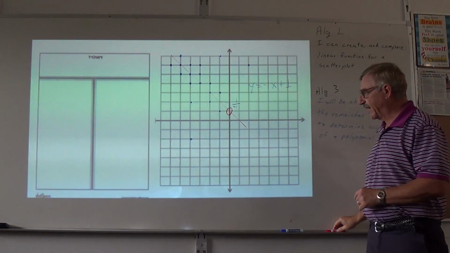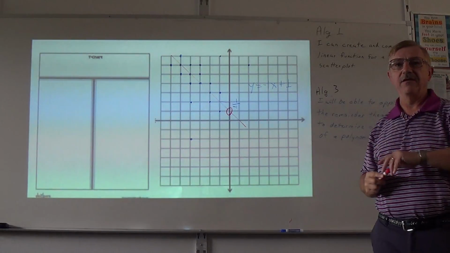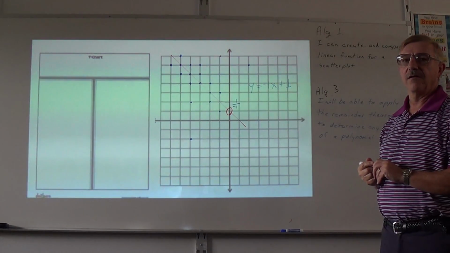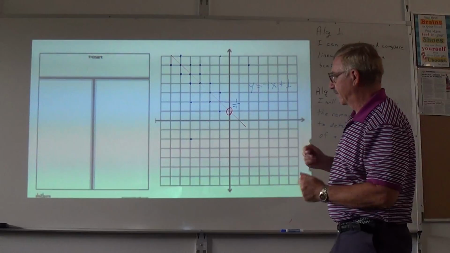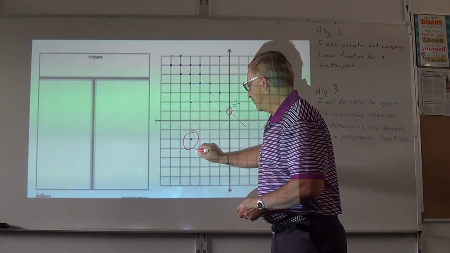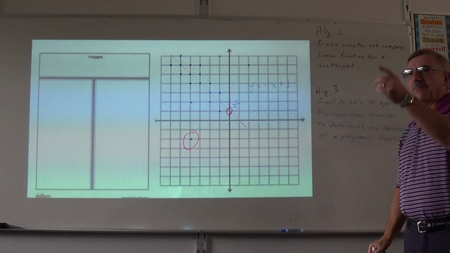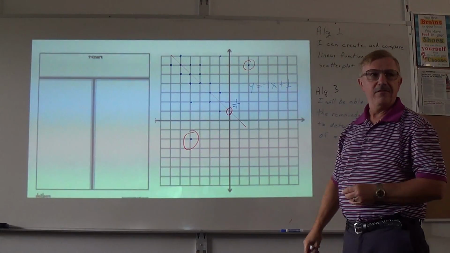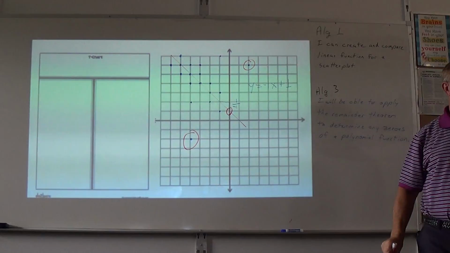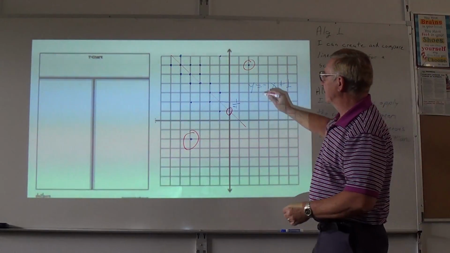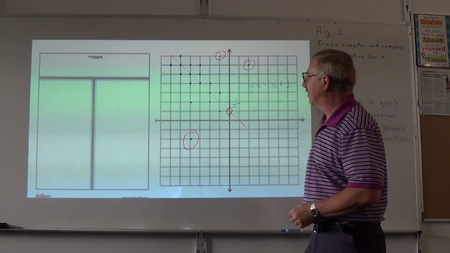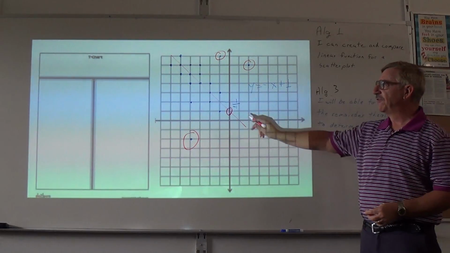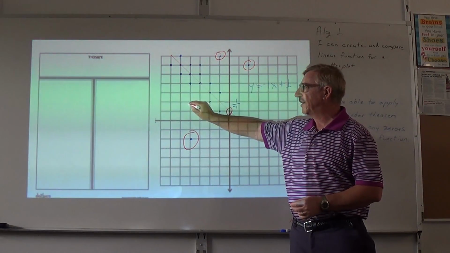Okay. Now what were my outliers? Give me an outlier, David. Negative 4 and negative 2. Okay, negative 4, negative 2. Outlier. Connor, give me another outlier. 2, 6. 2, 6. Pick another one. Negative 1, 7. Okay. Some of you called this an outlier.